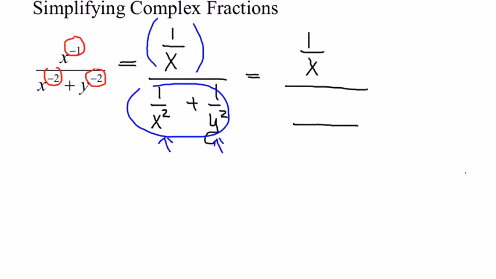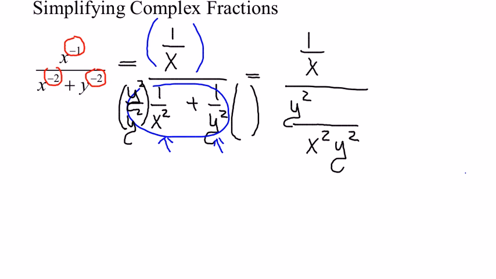So we're going to have that LCD of x squared times y squared. And so we need to multiply this guy by y squared divided by y squared, so we can get a y squared here. And we need to multiply this guy by x squared over x squared, so we have plus x squared.